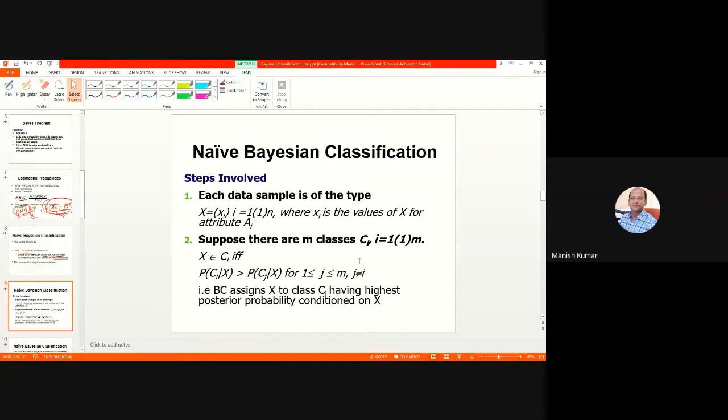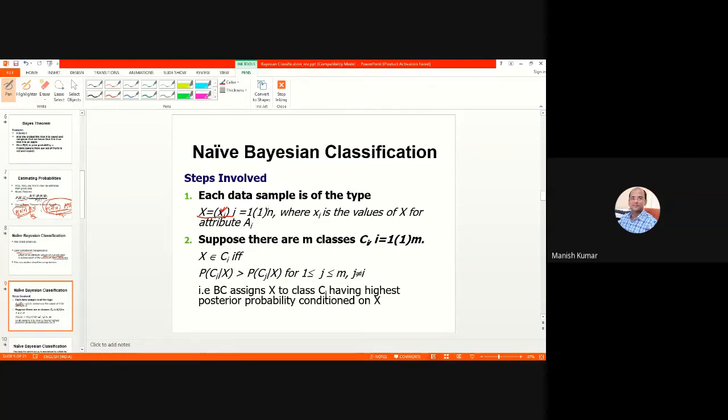So, what are the steps involved in this? The first step is that the data sample is of the type X, which is nothing but X1, X2, ..., Xn. There may be any number of features in that particular sample.